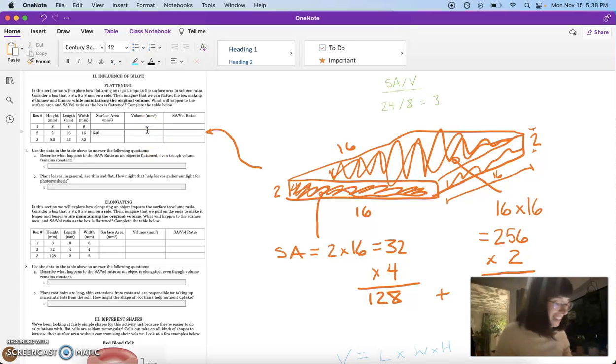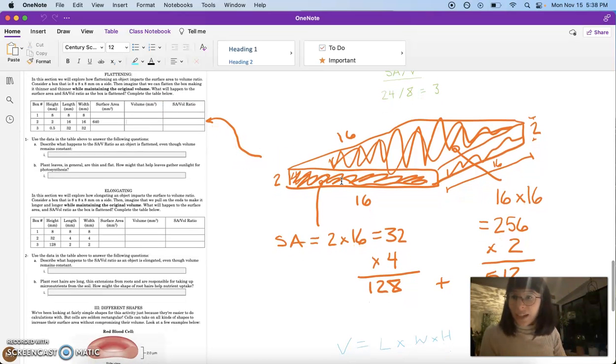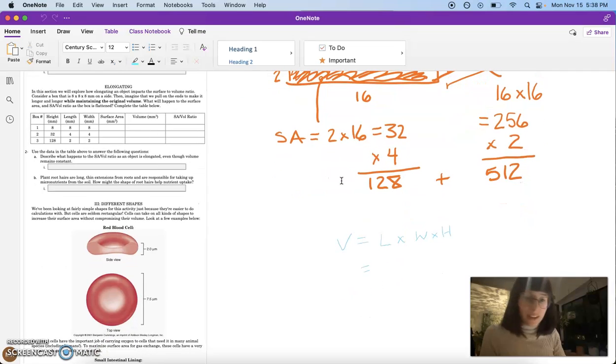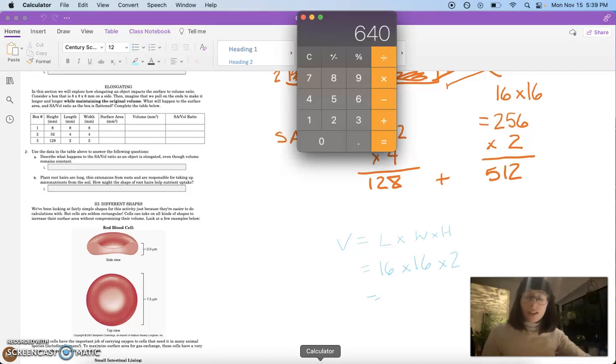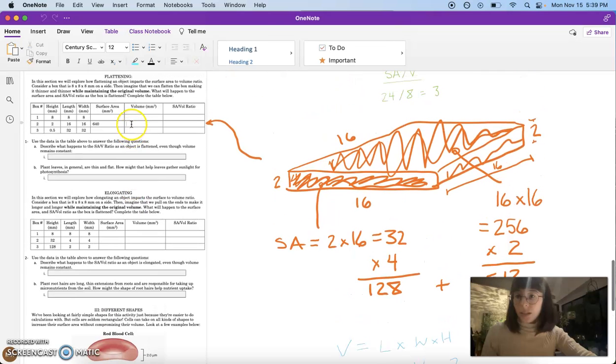So ignore my previous calculation. Height is 2, width and length are 16, so pull up the calculator again. 16 times 16 times 2 is going to be 512.